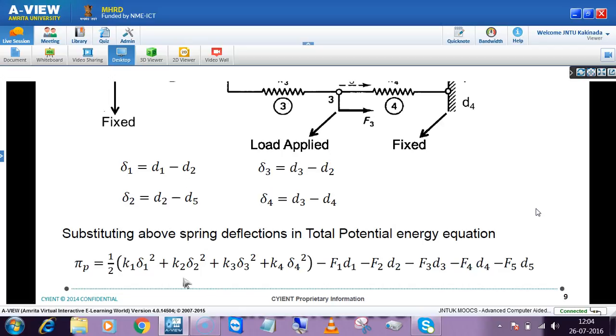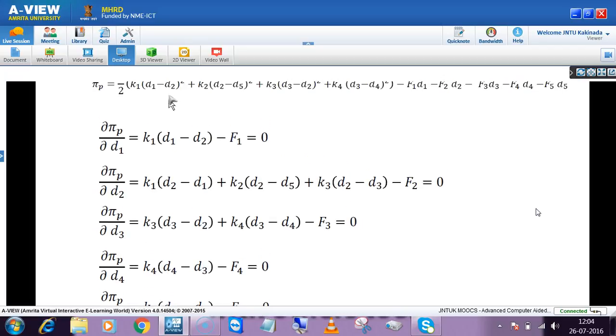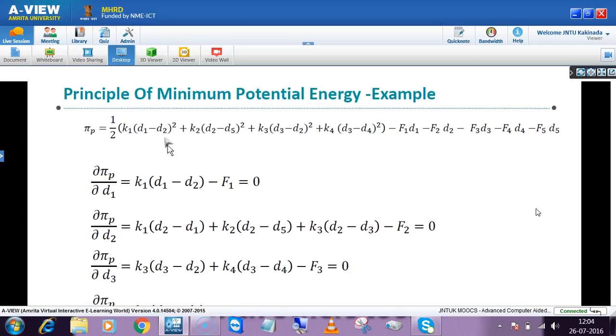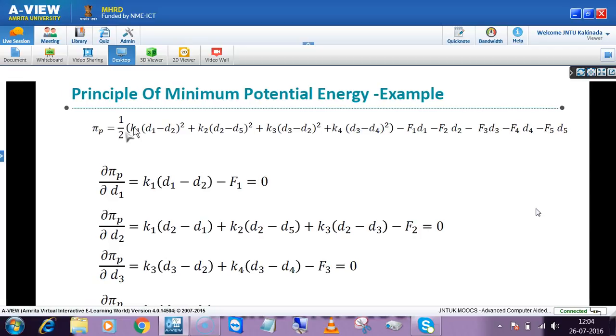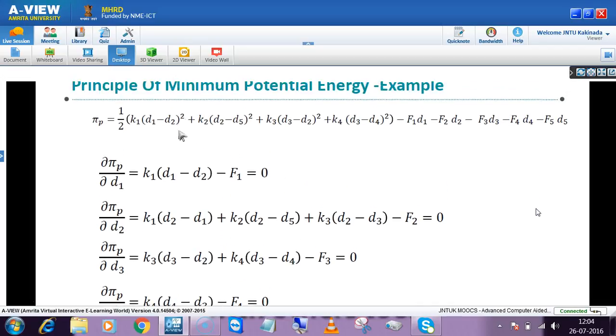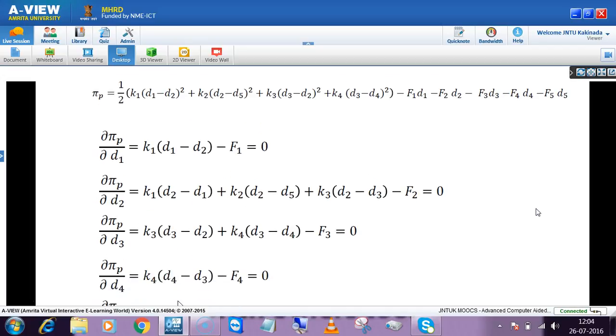When you substitute these equations into the total potential energy equation, this is the total potential energy equation in terms of nodal deflections, after substituting spring deflections as nodal deflections. Then differentiating with respect to each of the five deflections, D1, D2, D3, D4, D5, at each node, we get five equations.